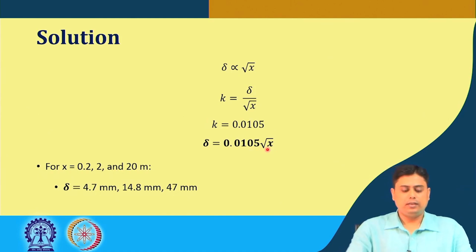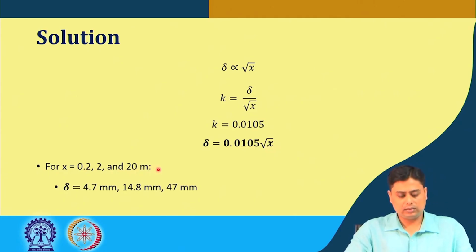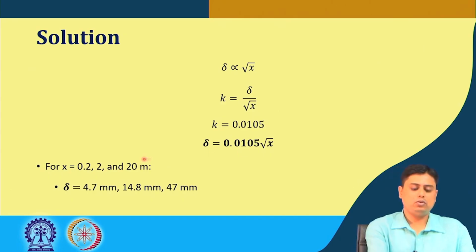Then it is simple: we replace x with the values asked in the problem, that is 0.2 meter, 2 meter and 20 meter, and find the boundary layer thickness.